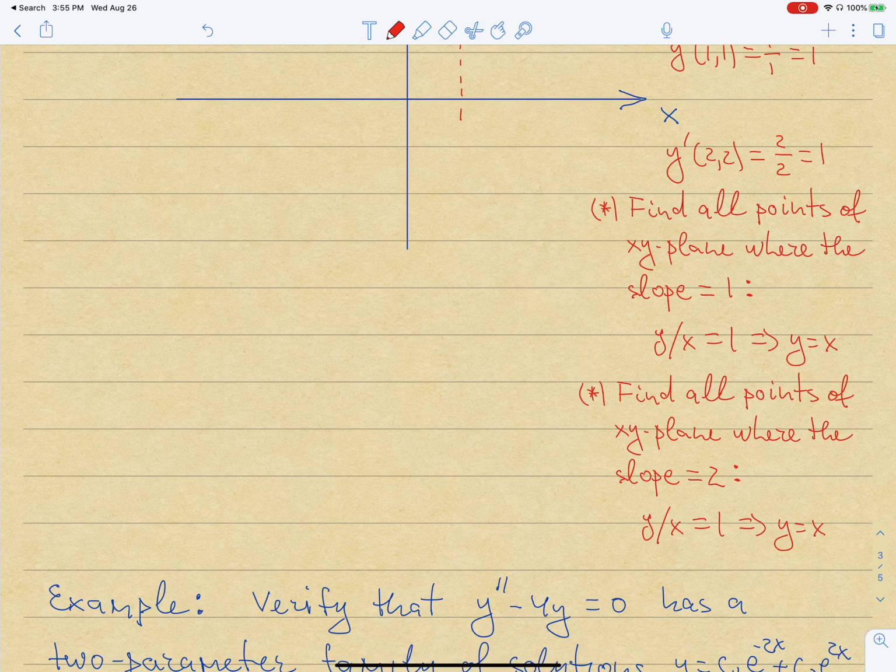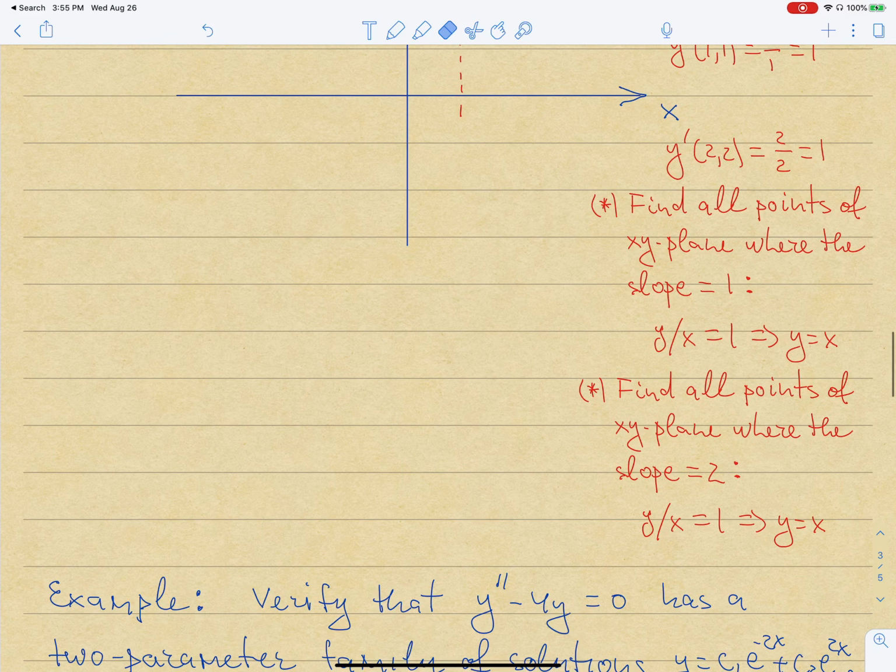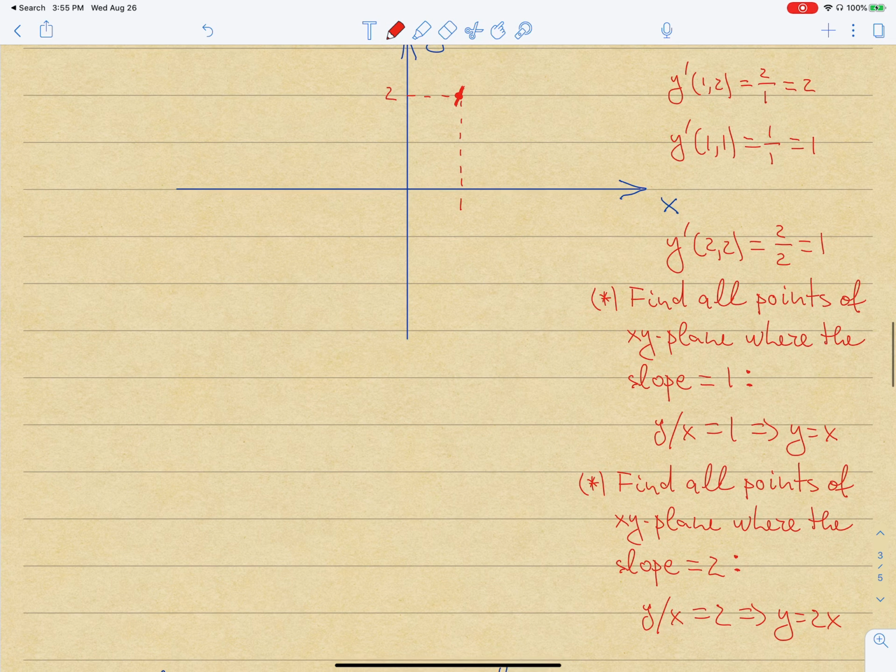I would want y over x, right? Because the slope at the point x, y is y over x. I want to find all points where y over x is equal to 2. But if y over x is equal to 2, then y must be equal to 2x.